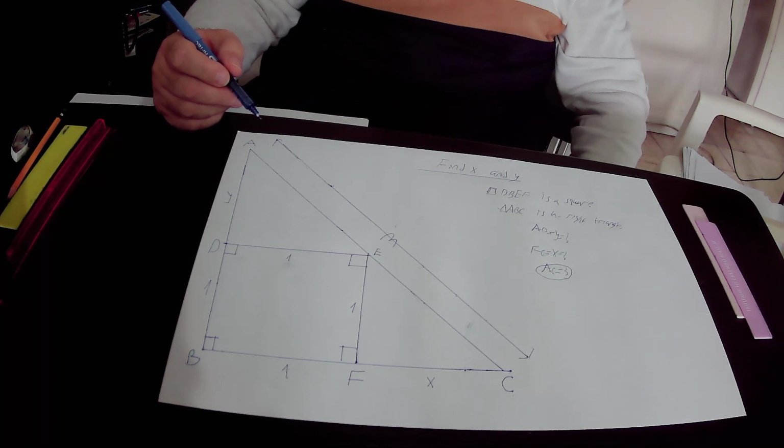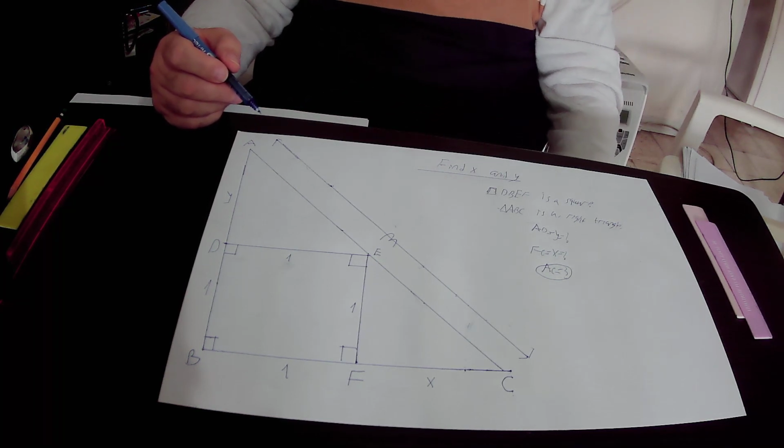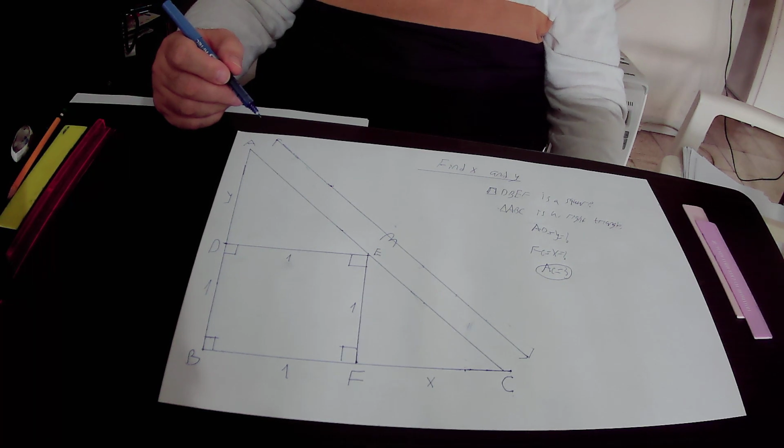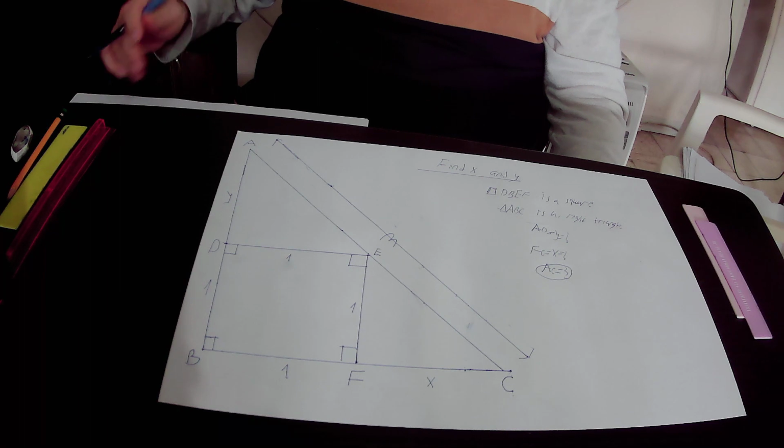Okay, so first of all, we know that the opposite sides of a square are equal to each other.